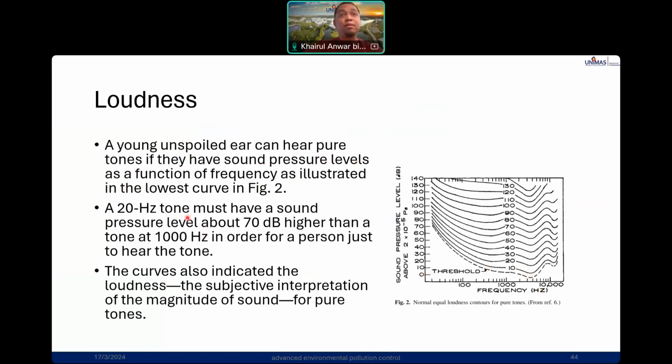A 20 Hz tone must have a sound pressure level above 70 decibel higher than a tone at 1000 Hz in order to be heard. The curve also indicates the loudness, a subjective interpretation of the magnitude of a sound pure tone.